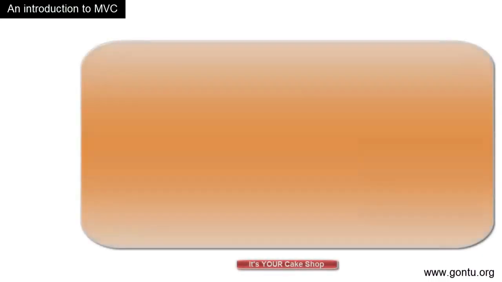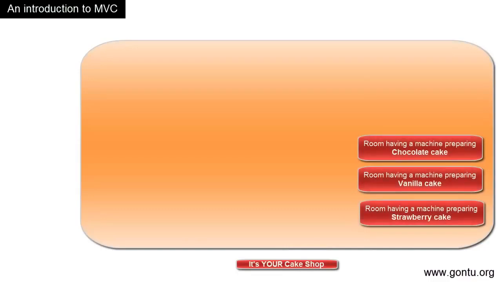Say you own a cake shop and this is how you have organized your shop. You have 3 rooms in the shop. Each room has a different machine installed which has a capability to prepare a specific type of cake. So the machine in first room prepares a chocolate cake and the machines in second and third room prepare a vanilla and a strawberry cake respectively.